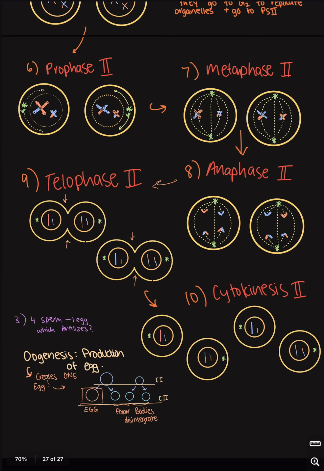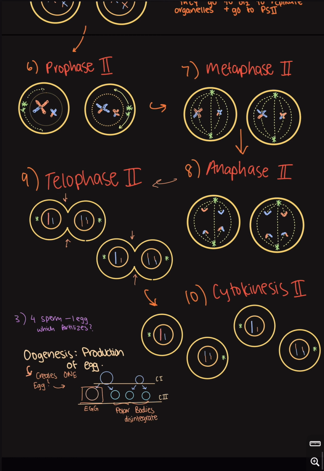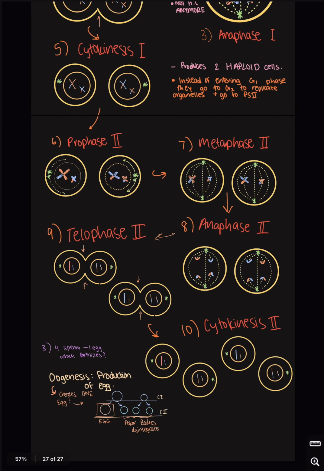And the third reason why you and your sibling are different is that there are 4 sperm but only 1 egg created, because oogenesis only creates 1 egg, and I'll talk about that. Depending on which sperm fertilizes the egg, that carries different traits, and that's why you and your siblings look similar, because you have the same parents, but also you have unique traits because there were 4 different sperm for 1 egg.